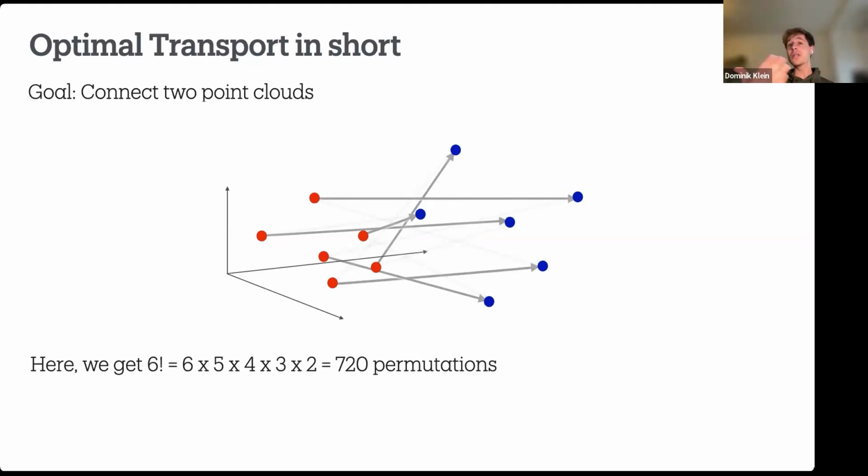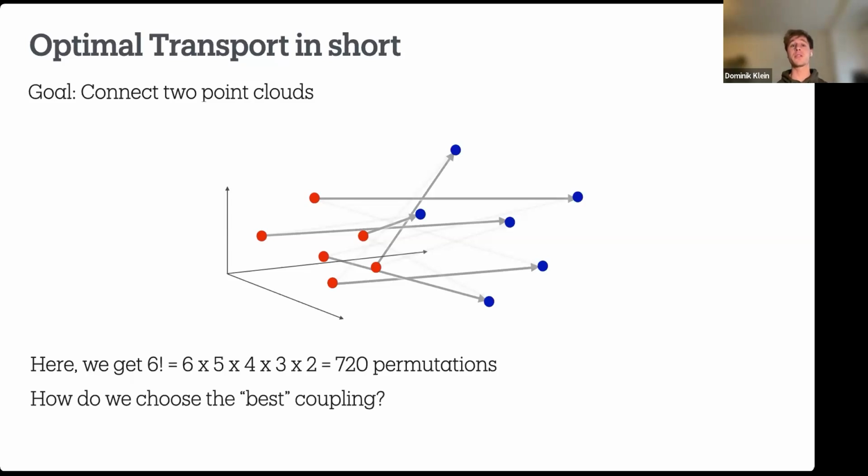In fact, only given those 6 data points on the source and the target distribution, we already get 720 possible ways of matching those data points. If we talk about single-cell genomics, we normally have nowadays, luckily, many more than only 6 cells, and hence we need to find a way how to naturally match that and how to quantify that.